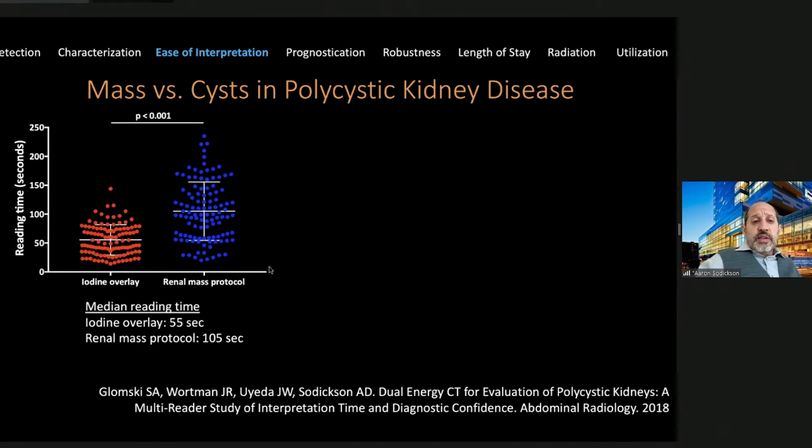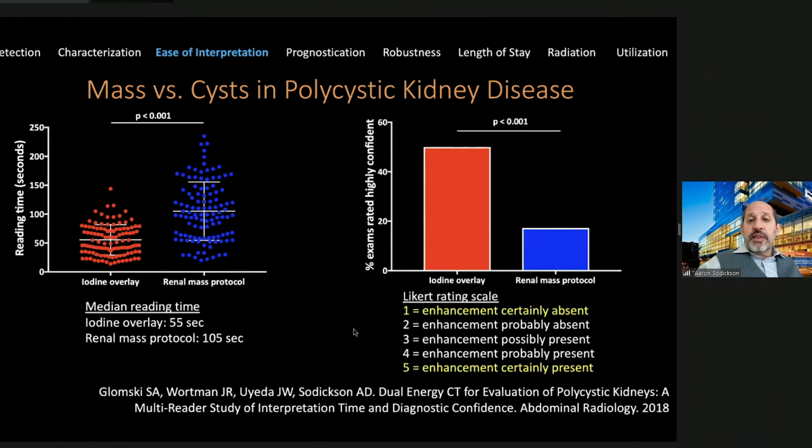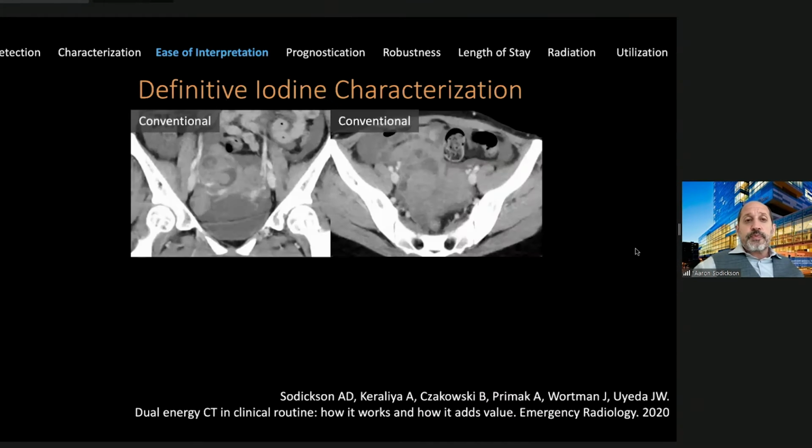We found that this allowed us to reduce our interpretation time for the kidneys, but far more exciting than that was the increase in diagnostic confidence we saw, where these bars show how many of our radiologists felt confident that enhancement was absolutely present or certainly absent on these scans. And so we saw an increase in diagnostic confidence because of this co-registration.